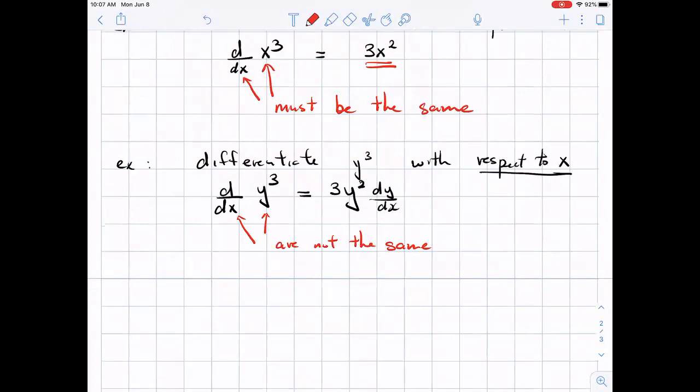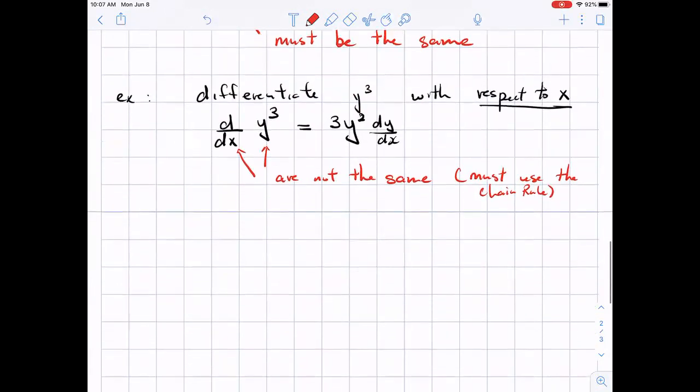So when they're not the same, we must use the chain rule. And remember what the chain rule is.